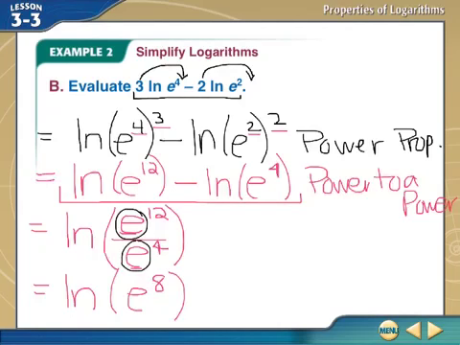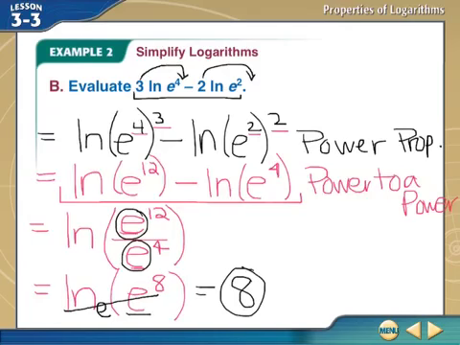So we're applying properties of powers as well as properties of logarithms. So e to the 12th divided by e to the 4th is e to the 8th power. And then, since our natural logarithm is base e and our exponential term also has a base e, they cancel out and leave me with 8 as my result.